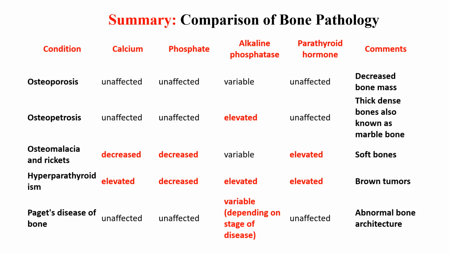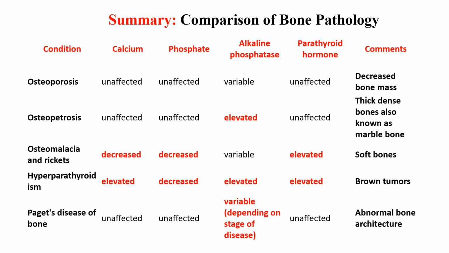So this osteopetrosis is characterized by the presence of thick dense bone, that is also known as marble bone. Osteomalacia and rickets have decreased calcium and phosphate, while the alkaline phosphatase is variable and parathyroid hormone is increased, and it results in development of soft bone.